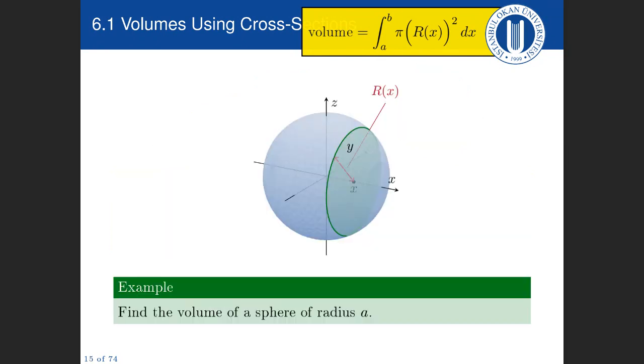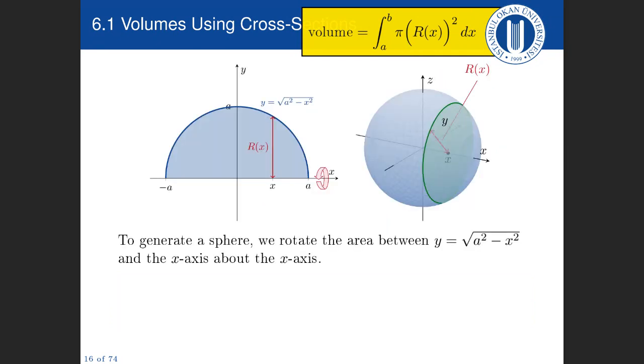Let's do another one. Find the volume of a sphere of radius a. And again, we're going to be using the formula in the yellow box at the top. How can we generate a sphere? We could take a semicircle and rotate it around the x-axis to generate this sphere.